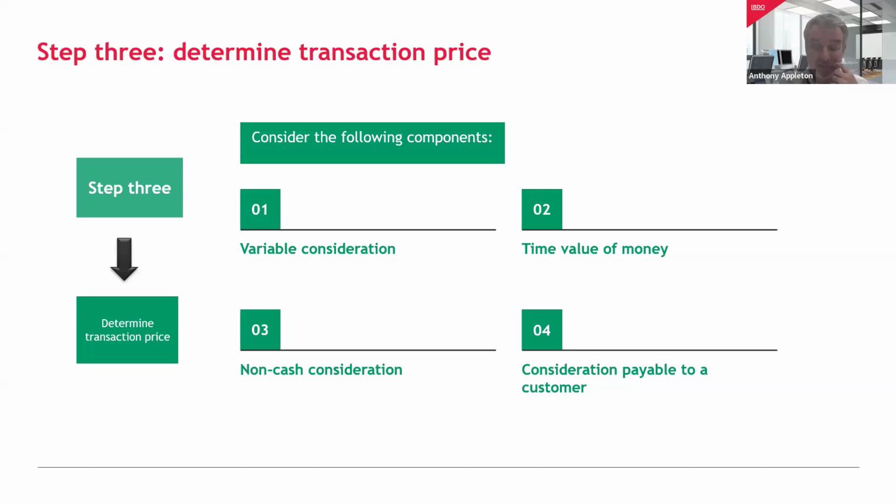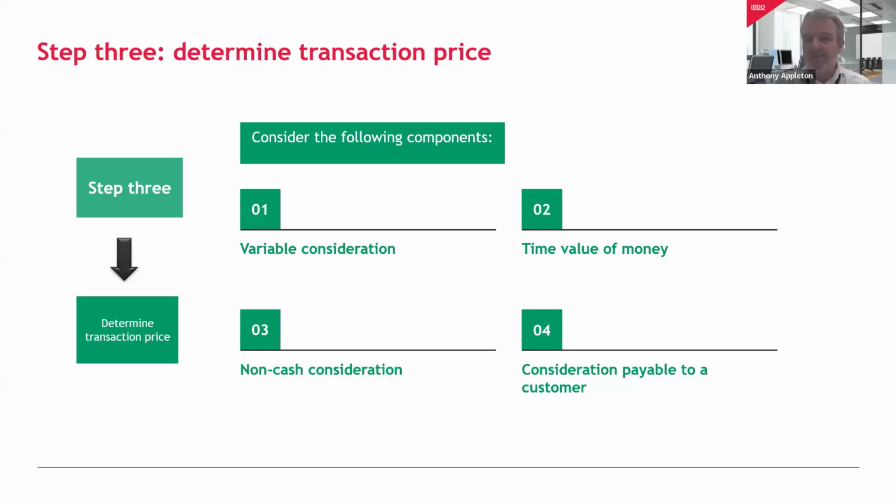Clearly, we need to look at the terms of the contract, look at our normal practices, and determine what that transaction price is. It's the amount to which the entity expects to be entitled in exchange for all of the promises and all the performance obligations it has promised. So in that way, it's relatively straightforward. It's a straightforward notion of what's the total you're going to receive. But some of the areas of complication we find here are listed on the screen.